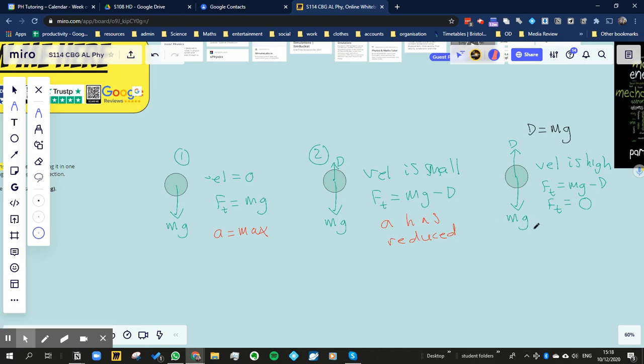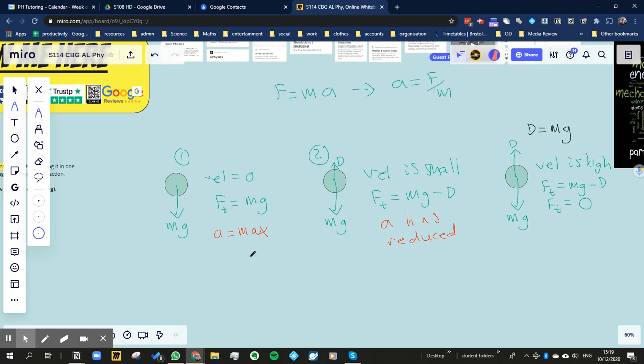Forces do cause motion, but it's not true to say they cause velocity. They cause acceleration. If we look at Newton's second law, F is equal to ma. Rearranging it, there's no symbol for velocity there, but there is a symbol for acceleration. Acceleration is equal to force over mass.